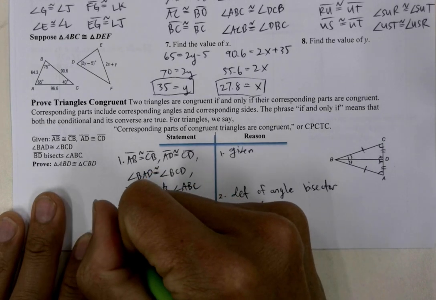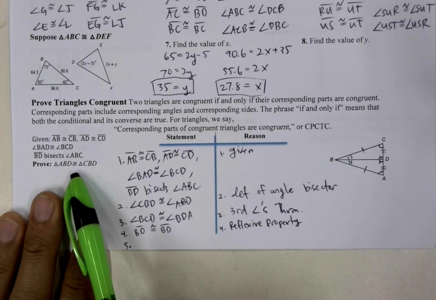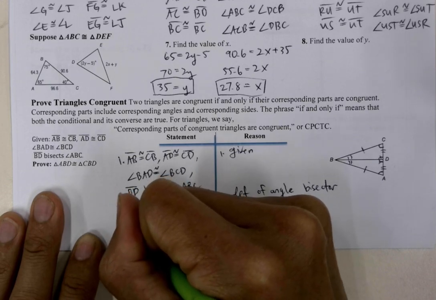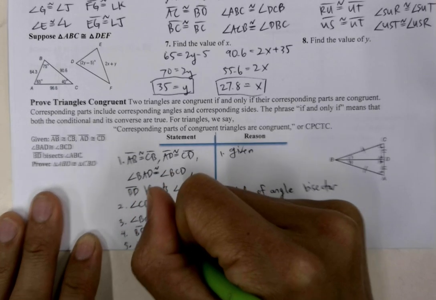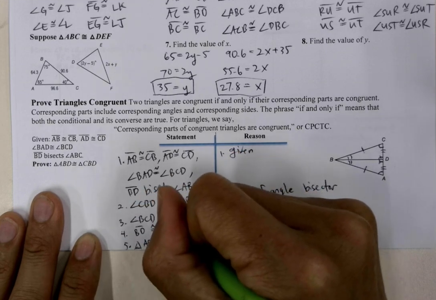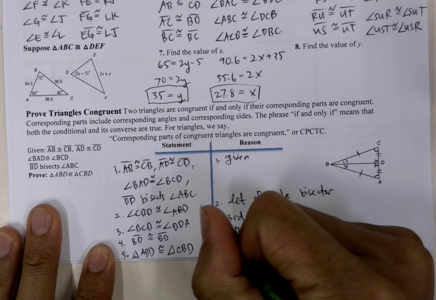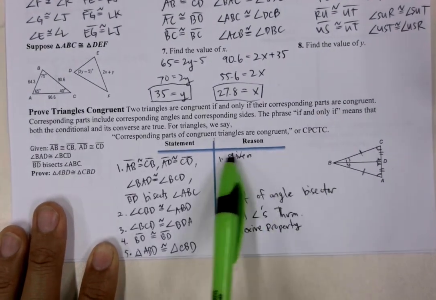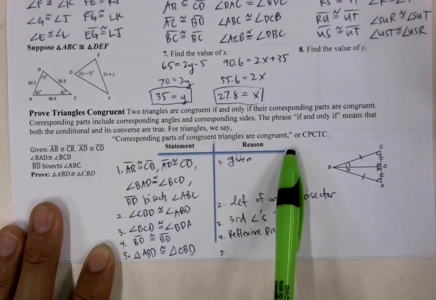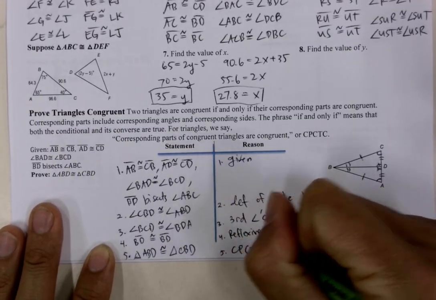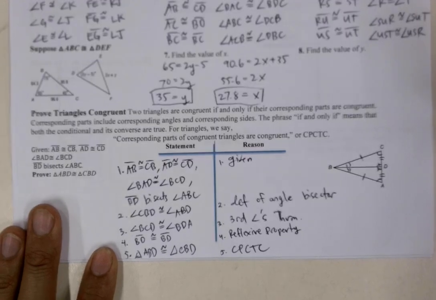So lastly, we can go to the proof here, which is triangle ABD congruent triangle CBD. And then the reason for that is going to be this long statement, or we could say CPCTC. And we're done.